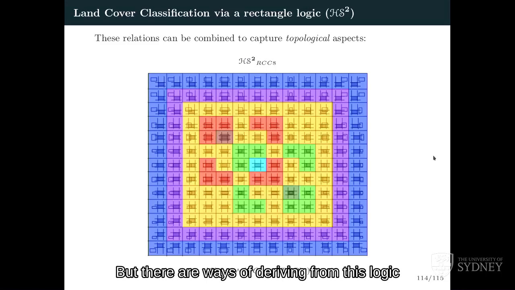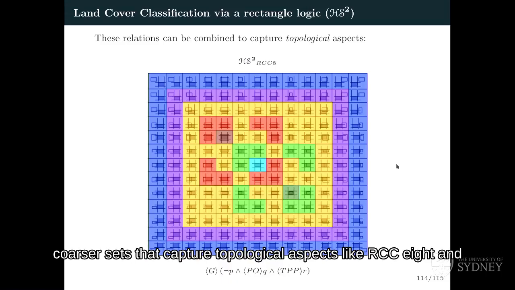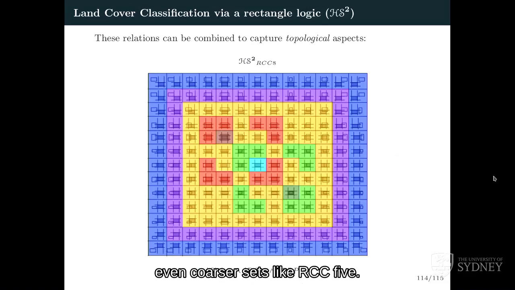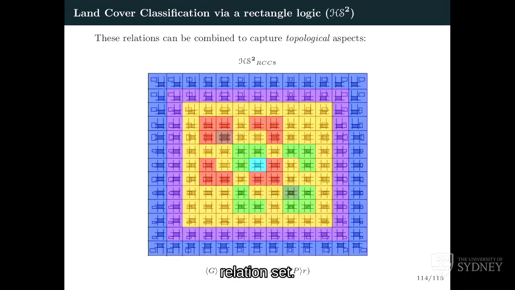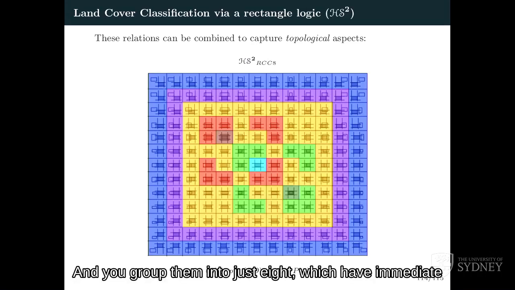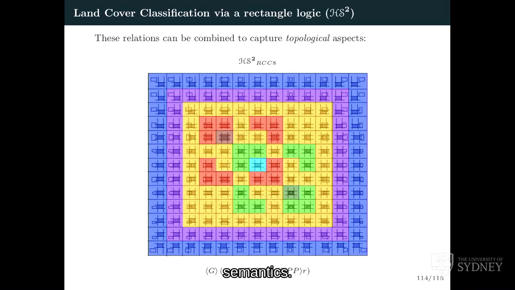But there are ways of deriving from this logic coarser sets that capture topological aspects, like RCC8, and even coarser sets like RCC5. So you take these 169 relations, which are, again, a complete relation set, and you group them into just 8, which have immediate semantics.